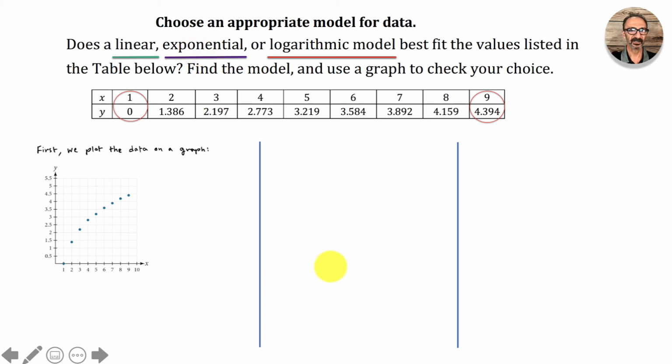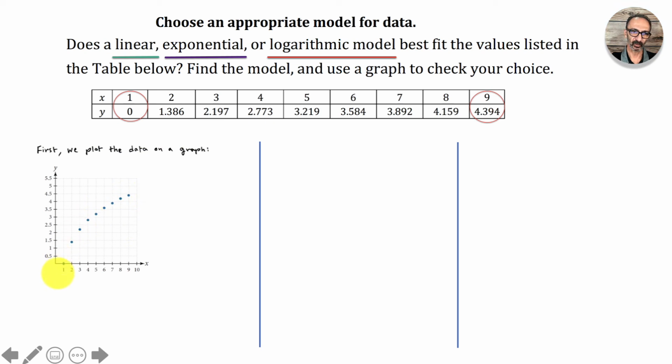Why? Exponential either grows or decays, and both ways, it's concave up. Logarithmic functions are concave down. So my assumption is this is logarithmic.